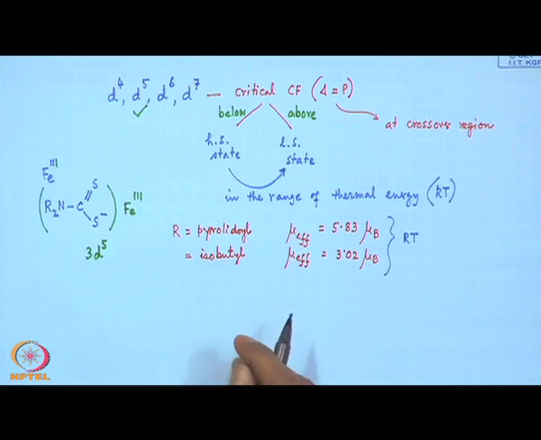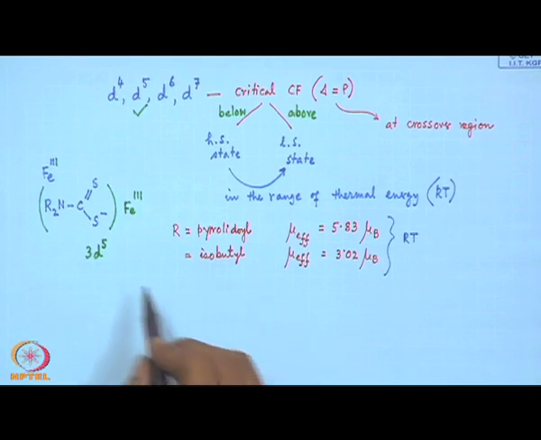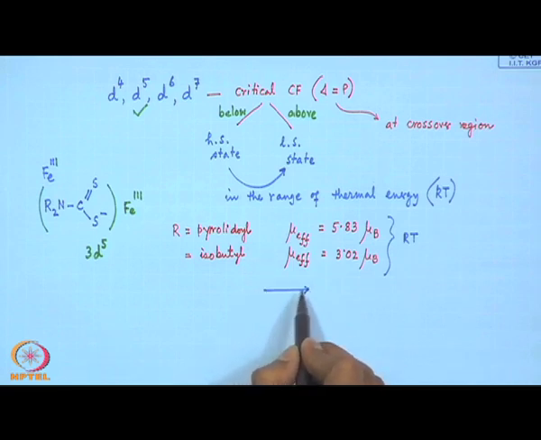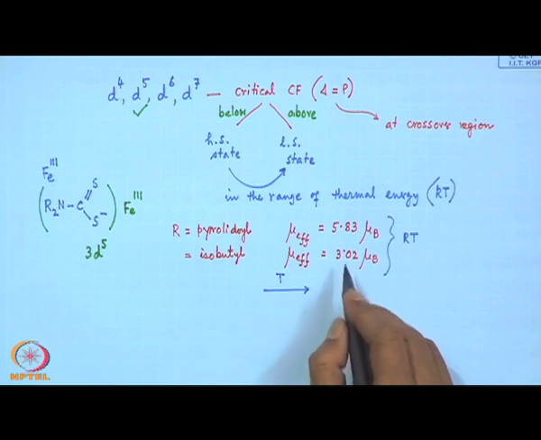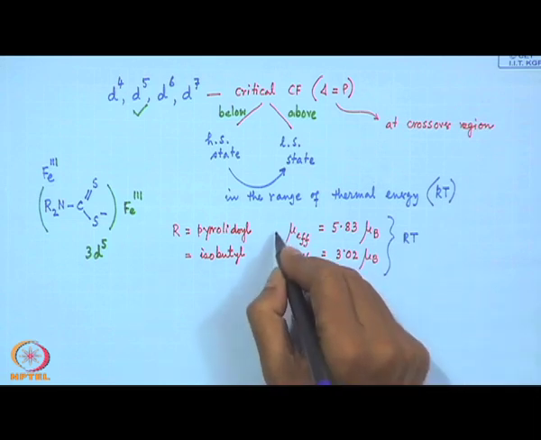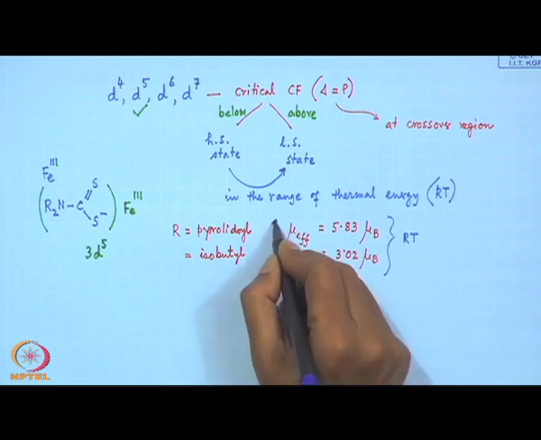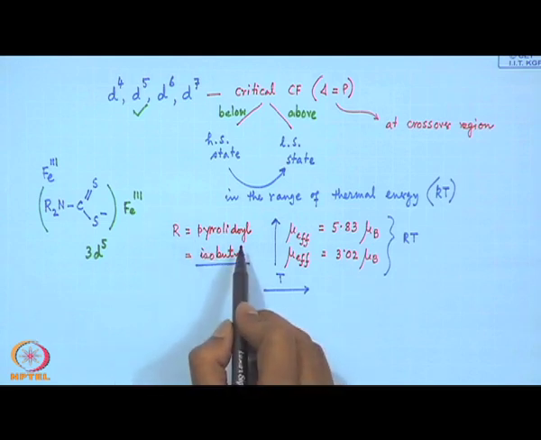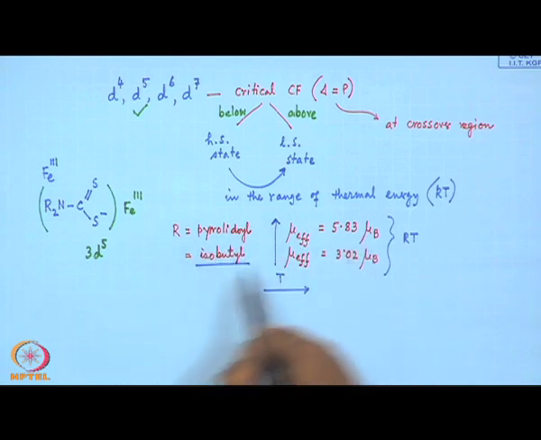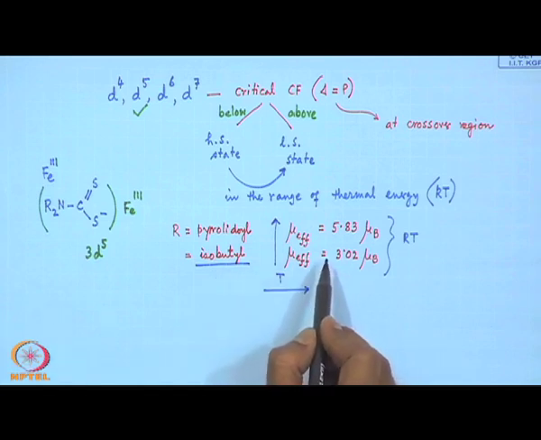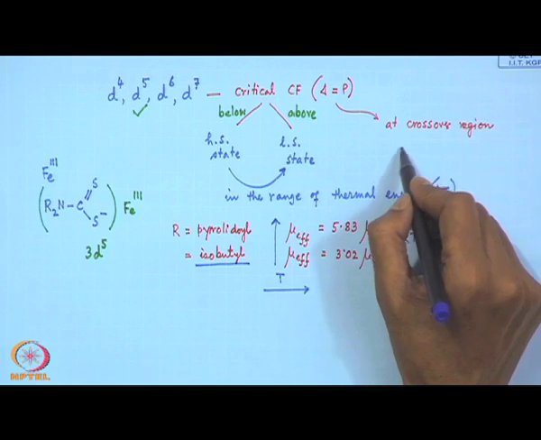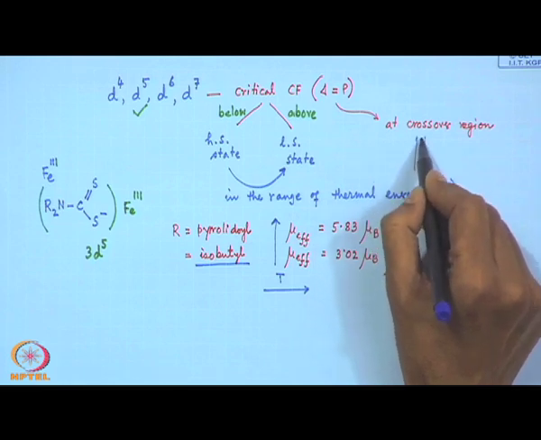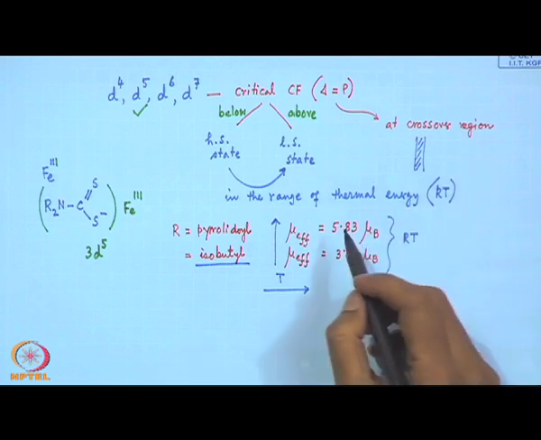So, at room temperature we can have these things, and now if we change the temperature, the magnetic moment increases with temperature. This magnetic moment goes from 3.02 to 5.83 for the same substitution. These are the two situations, where one is for the high spin and another is for the low spin. That means we have a crossover region.